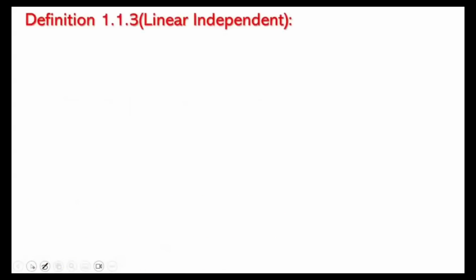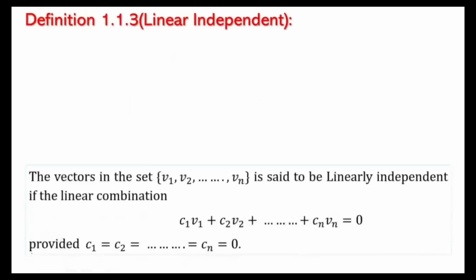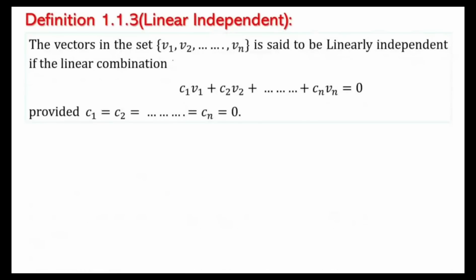Our next definition is linear independence. If you have a set of vectors like the previous one, v1, v2, up to vn, this set will be linearly independent if the linear combination, as we defined in the last slide, equals 0. Here the 0 is the zero vector.